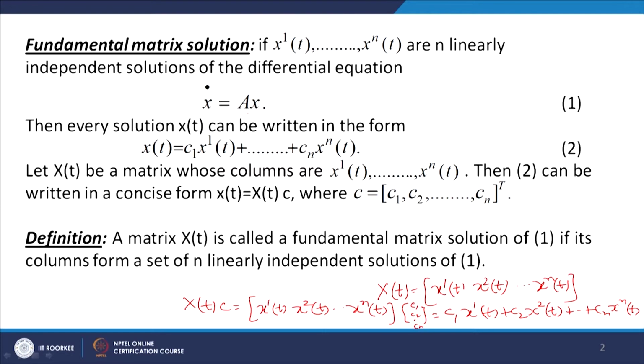Now, you can write these n vectors in any order. So, there is not a unique fundamental matrix. Any matrix where the n columns are the n linearly independent solutions of the vector differential equation x dot equal to Ax will always be called a fundamental matrix solution of the vector differential equation. So, X(t) here, capital X(t), is a fundamental matrix.